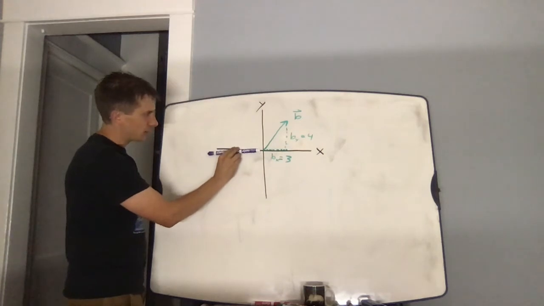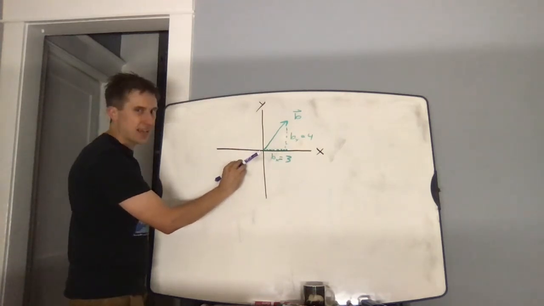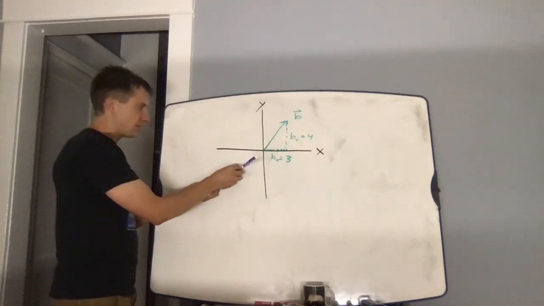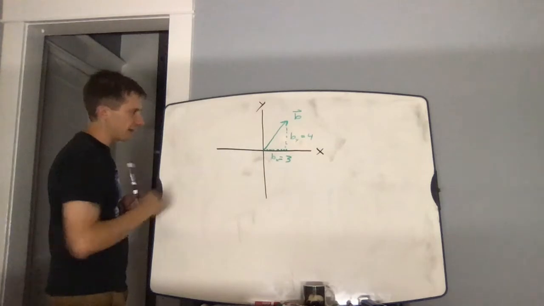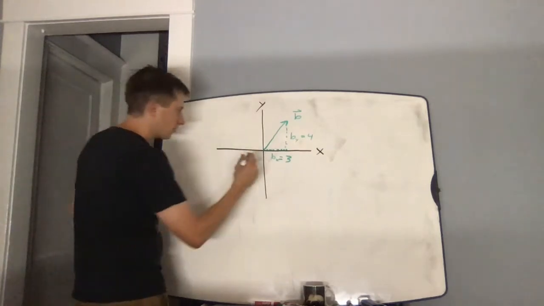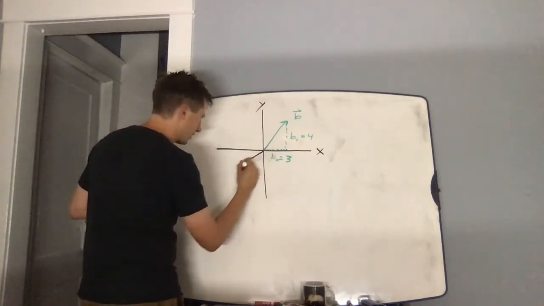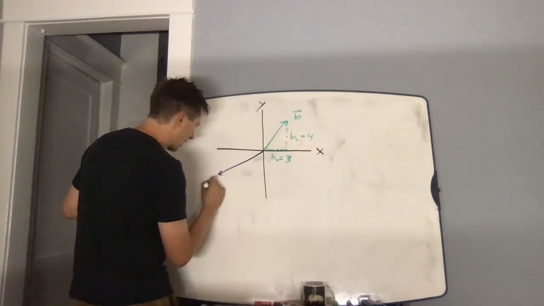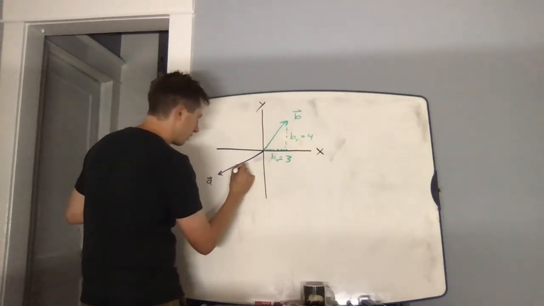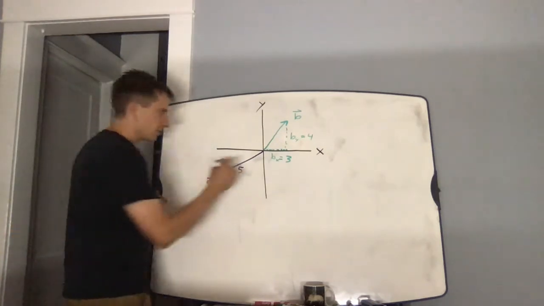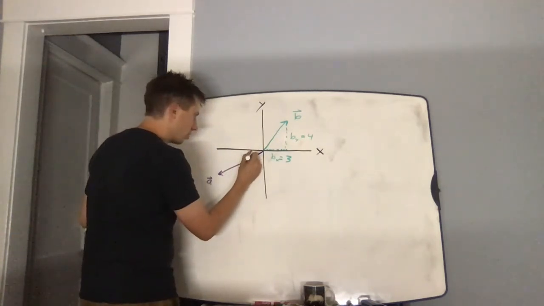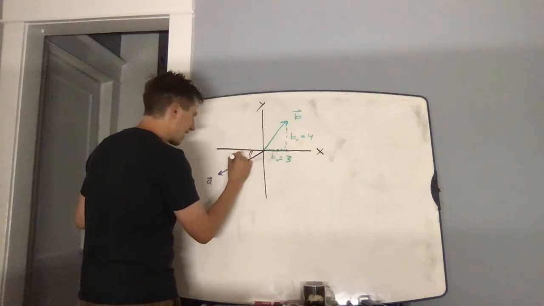Vector a is pointing below the negative x-axis. So vector a is going to be pointing something like this, downward, at an angle 27 degrees below the negative x-axis. So here's vector a. It has a magnitude of 5, and vector a is going to be 27 degrees below the negative x-axis.